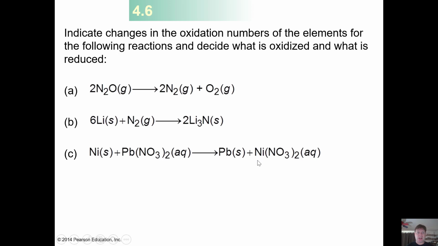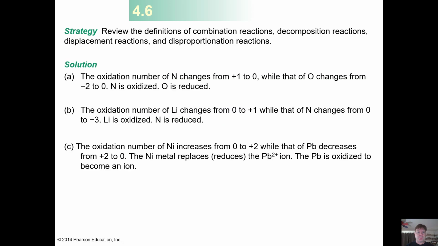So that's how we can assign oxidation numbers there without getting into too much detail on those polyatomic ions, which are basically spectator ions. Okay, so nickel went from 0 to +2. Lead went from +2 to 0. So the nickel is being reduced and the lead is being oxidized.